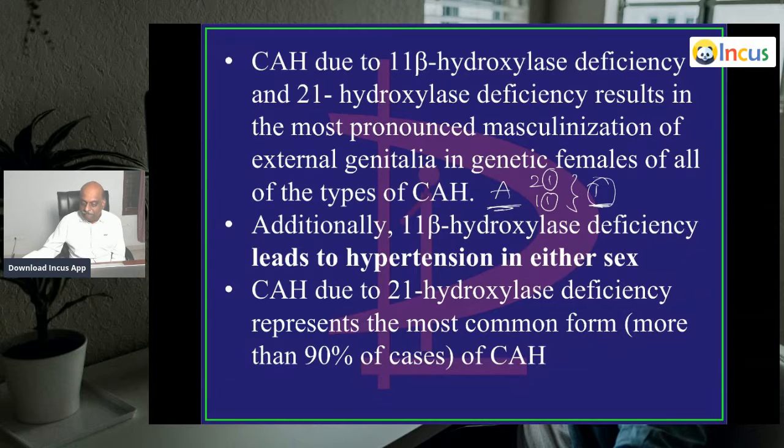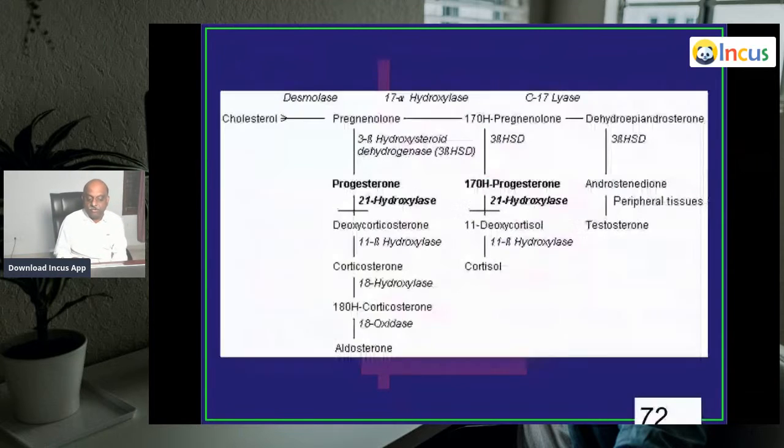Whenever 1 is in the second position, testosterone is high. Where is 1 in the first position? In 11 alpha hydroxylase. Only there is aldosterone high. So both 21 and 11 have high testosterone levels, but 11 also has high aldosterone. That's the reason it leads to hypertension. So the most common cause typically is 21 alpha hydroxylase deficiency.